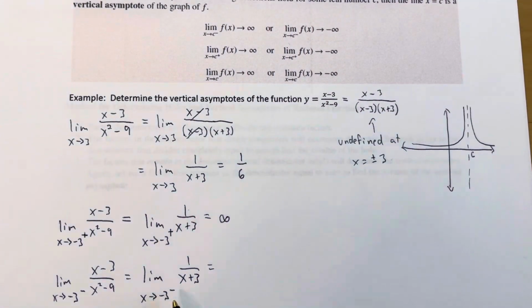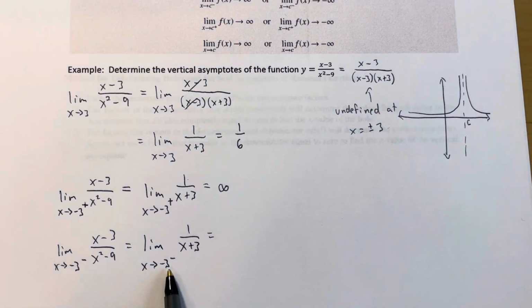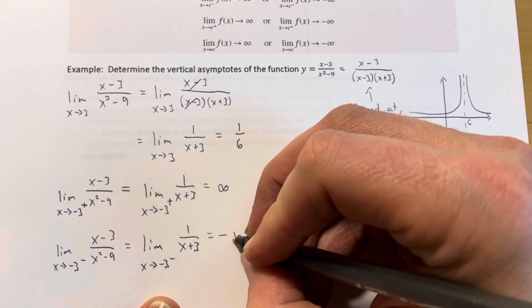In this case, I'm approaching from the left, which means I want to use a number that's smaller than -3, but close to it to get a sense of what's happening with this limit. So something like -3.1 would be less than -3. If I put a -3.1 in for x here, I would get -0.1. And 1, which is positive, over -0.1 would give me some negative number. That suggests negative infinity.